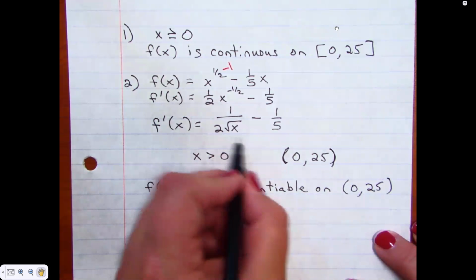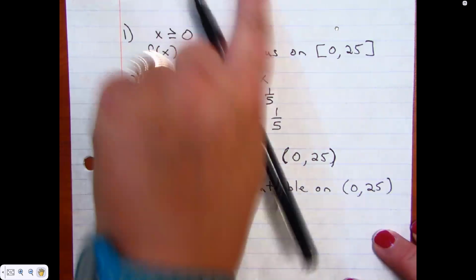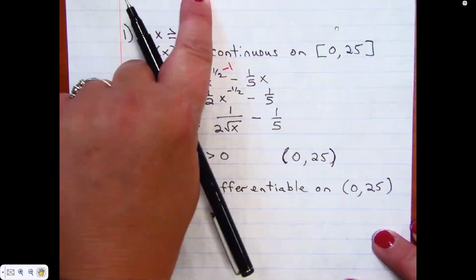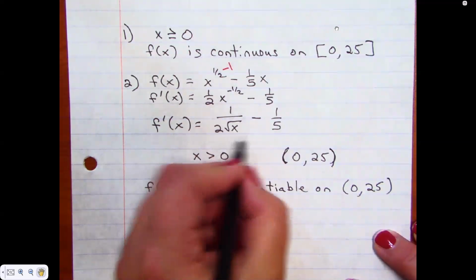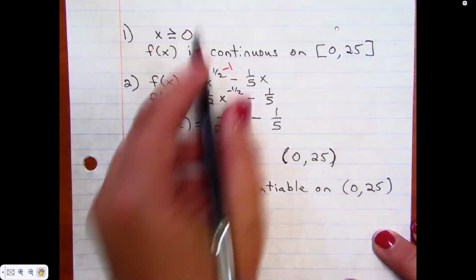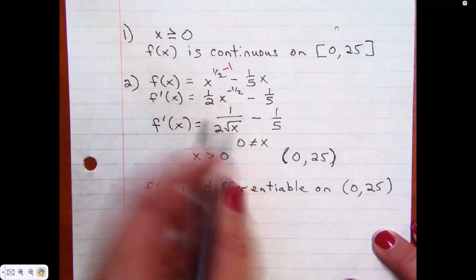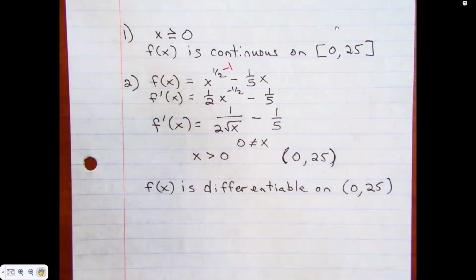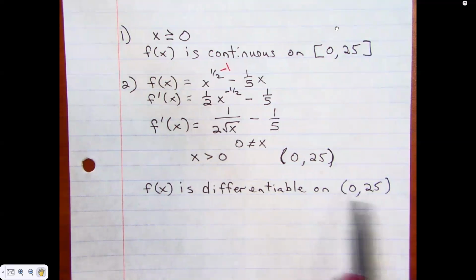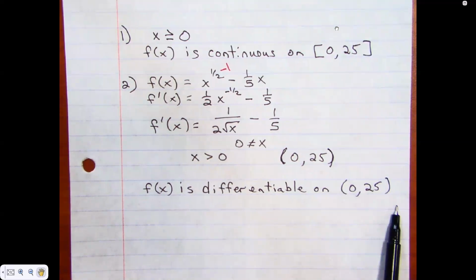We kind of tossed all negatives out to begin with. So as long as we're in the domain, 0 is now a problem. You can't find the derivative at 0. But that's okay. It says it only has to be between those two numbers. So it clears it. Does that make sense?